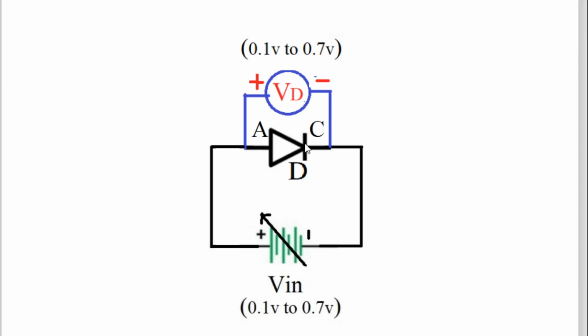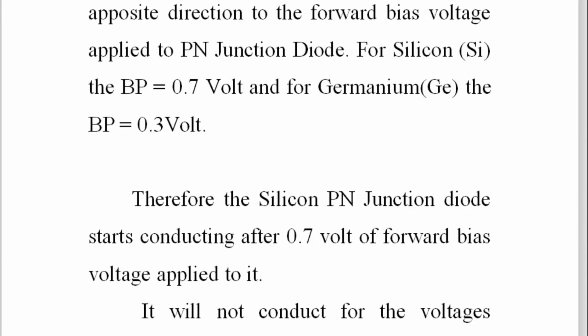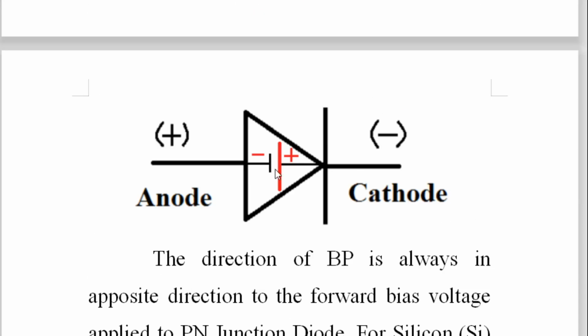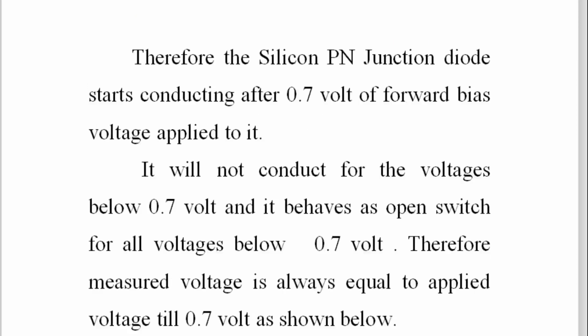The internal barrier potential is 0.7 volt, so the applied external voltage must be greater than 0.7 volt, then only will it conduct. Otherwise it will not conduct, meaning it behaves as an open switch.